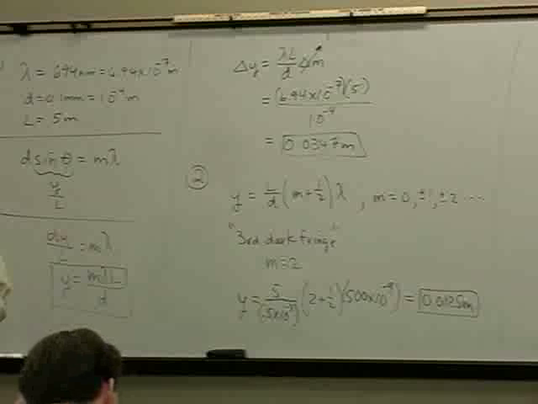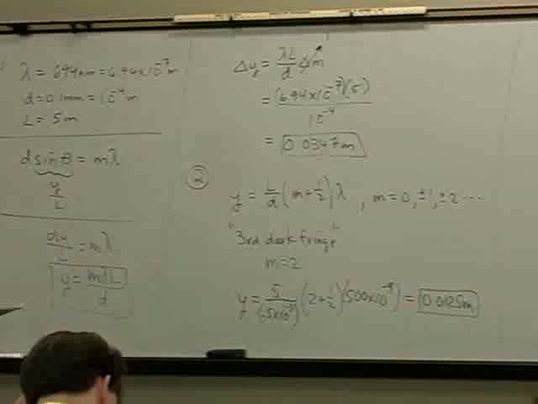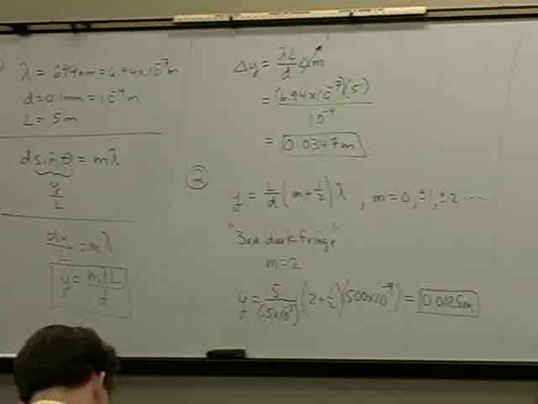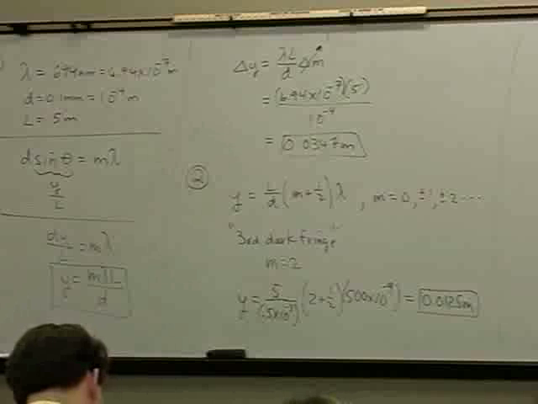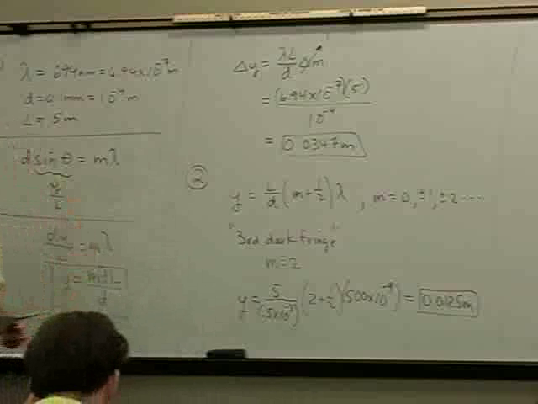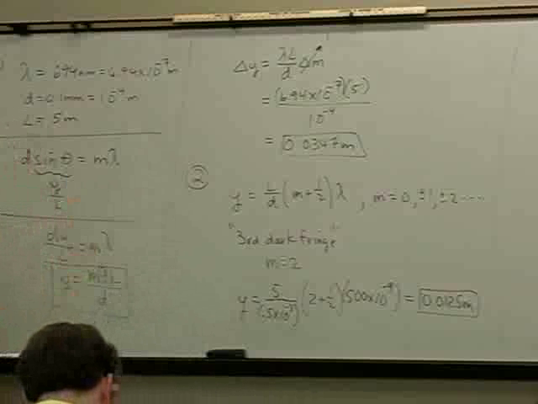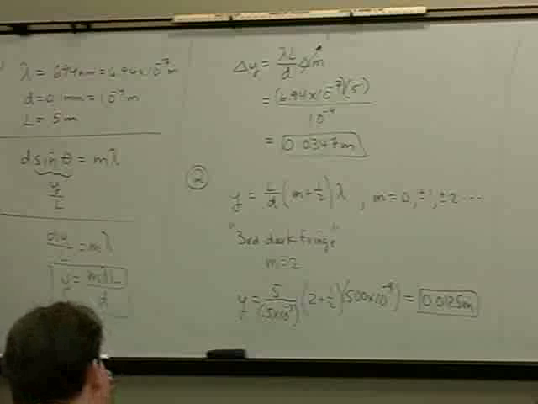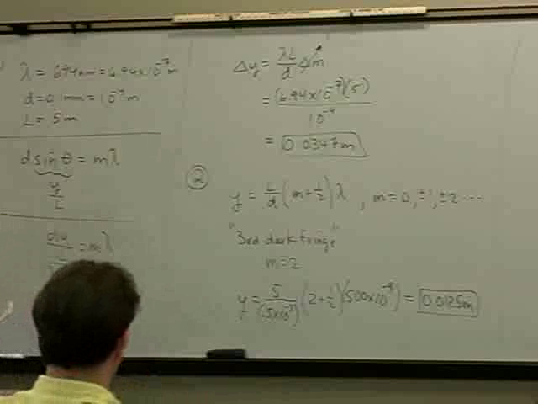So you couldn't have used -2 there instead of +2? That would give you -1.5 instead of 2.5. Would that be the third dark fringe on the other side?